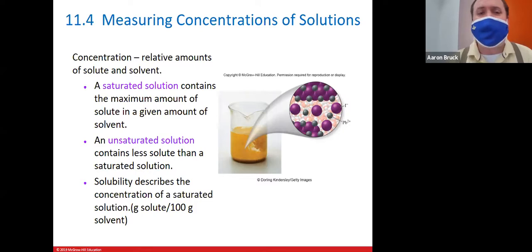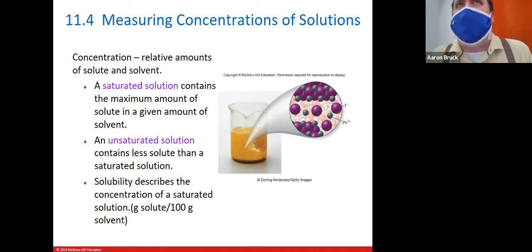Now, what you should have seen in lab this week is that concentration is a measurement that tells us the relative amounts of one part of the solution and the other. And when it comes to describing these things qualitatively, we use words like saturated.